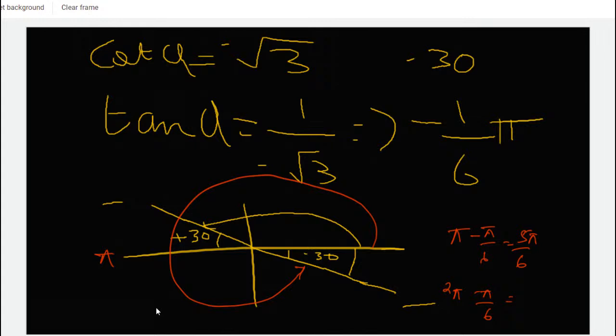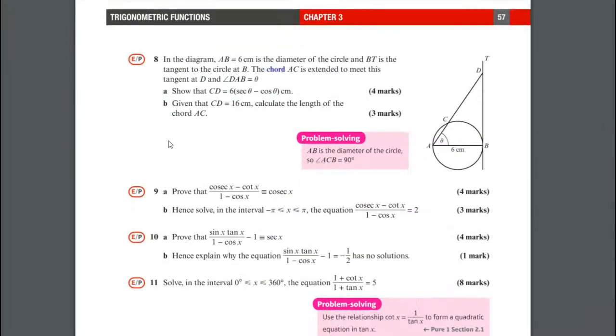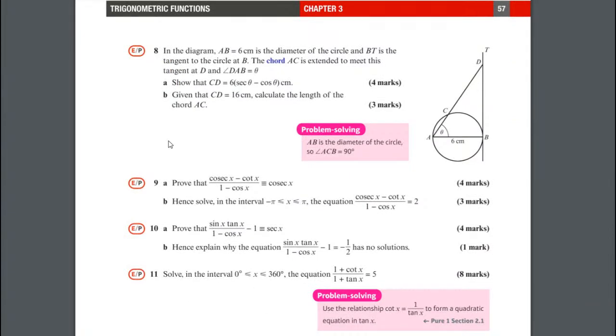Indeed, 5 pi by 6. That's it. Good job. Okay, on to the next question, question 8. Could you attempt, please?